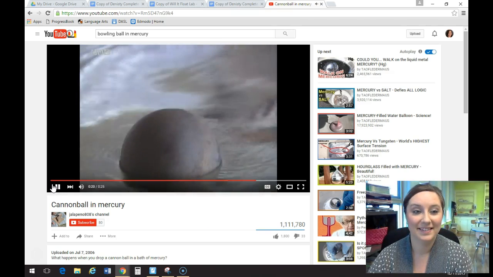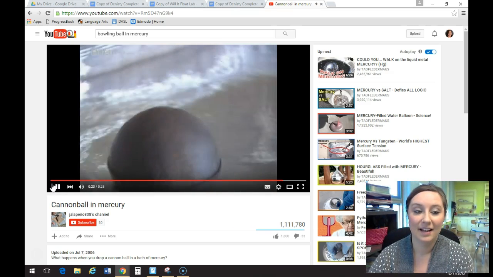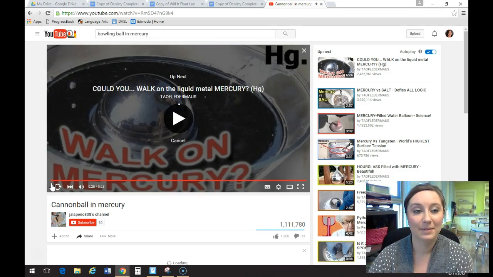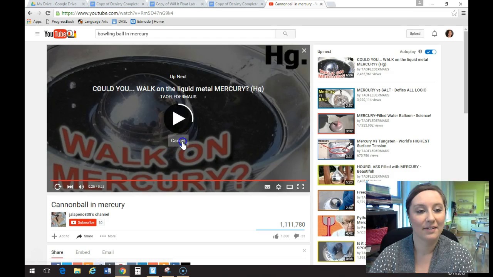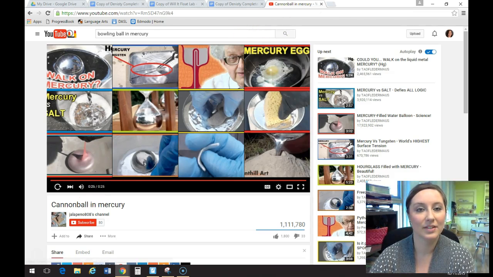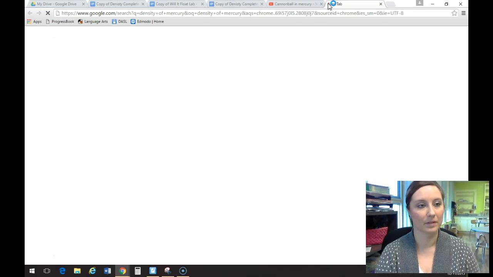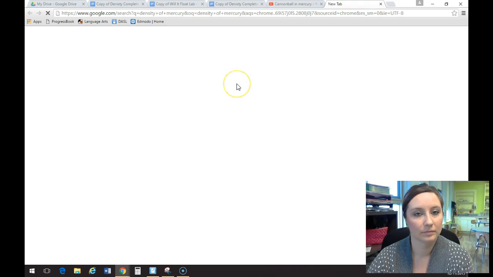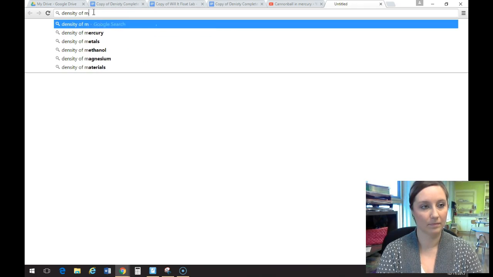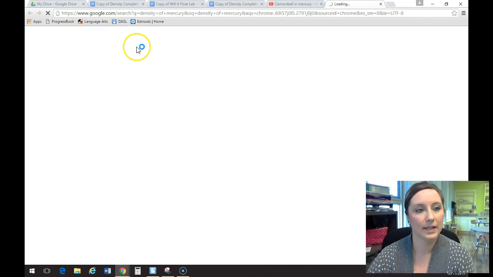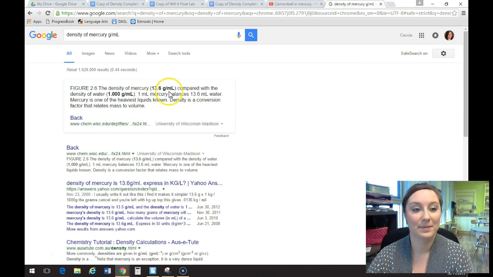Notice how it floats. So that means that the density of the cannonball has to be less than the density of mercury. And if we look up the density of mercury, you find out that the density of mercury is 13.6 grams per milliliter.